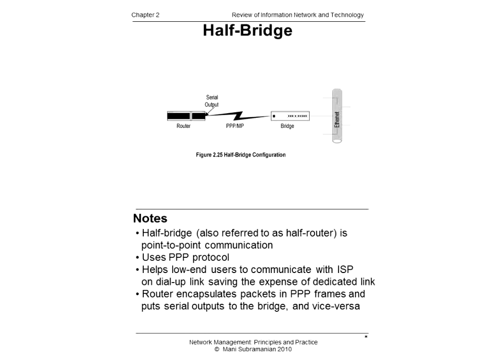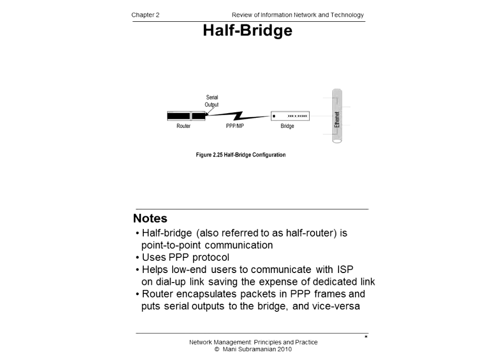This figure shows the half bridge configuration, where we have a router, we have a bridge, and we have Ethernet. So this half bridge, which is also called half router, is point-to-point communication. It uses the PPP protocol.